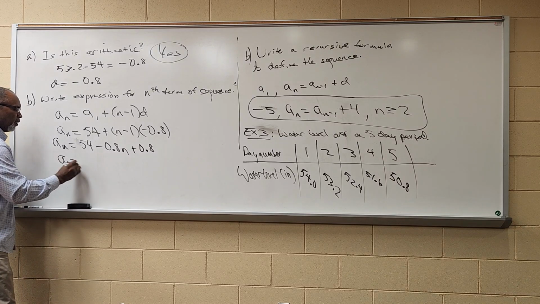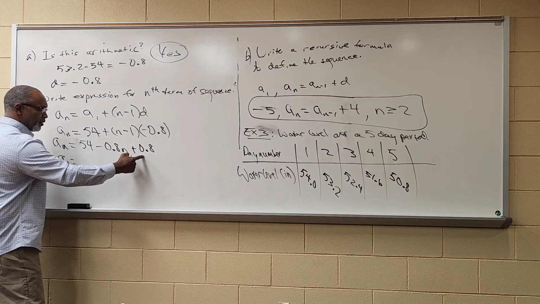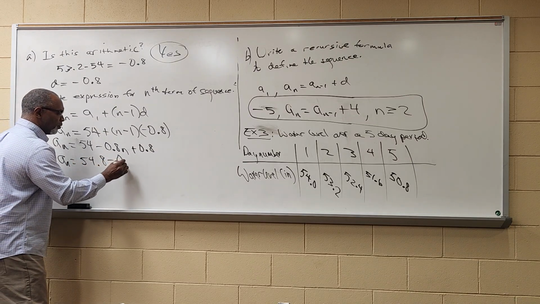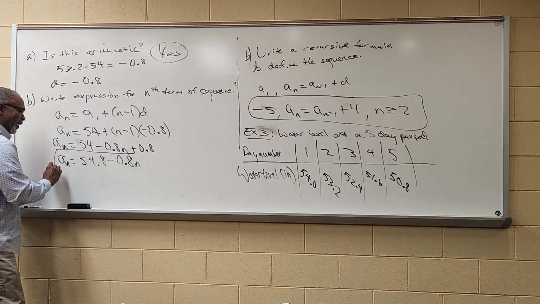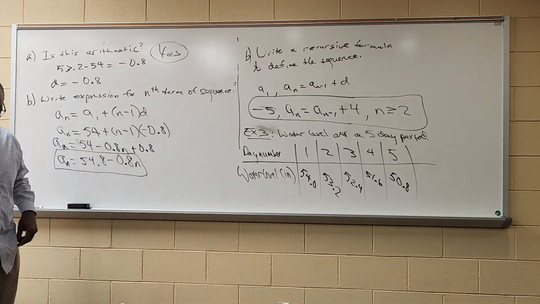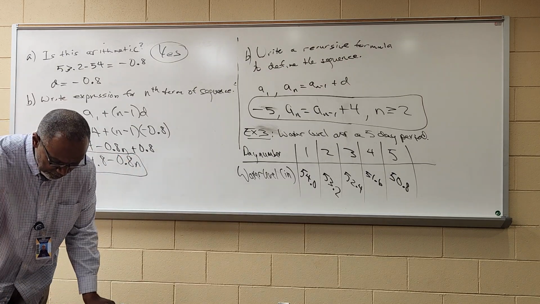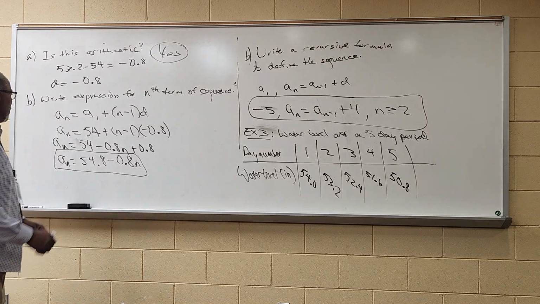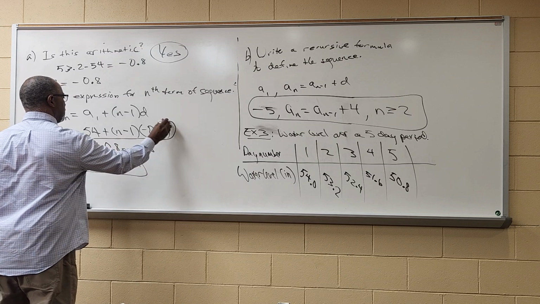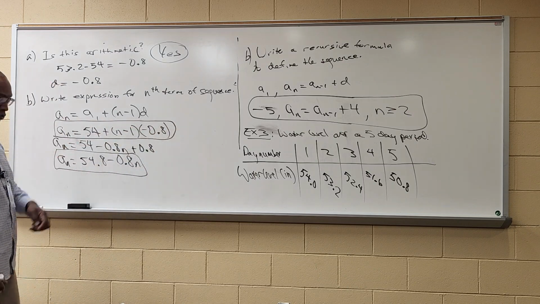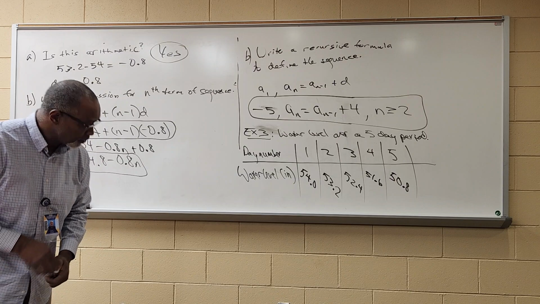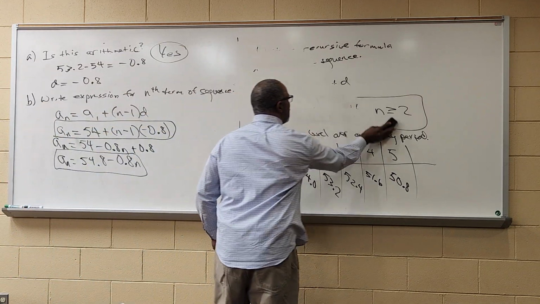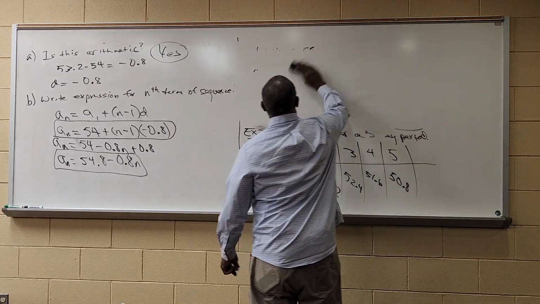So AN becomes 54.8 minus 0.8N. That would be a formula to calculate the nth term. Now, you didn't have to do all that. You could have stopped earlier, but I went ahead and distributed. So either one of those is sufficient. Either one of those will give you the nth term.